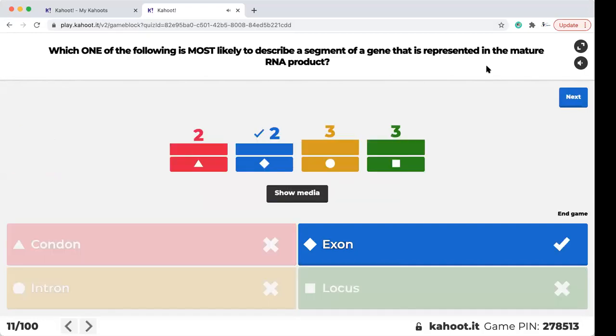Okay, so I know that if you are not well familiar with the basics, you will find this question difficult. So let me explain it for you.